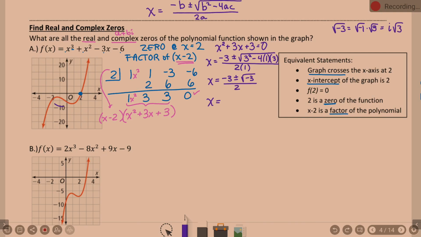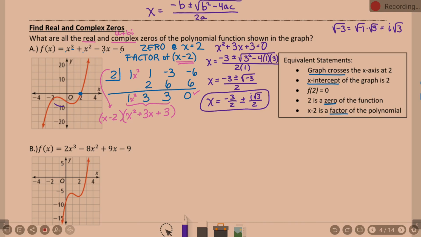So I'm going to go ahead and also break this up. I'm going to say negative 3 halves plus or minus i times the square root of 3 all over 2. And I went ahead and broke it up. They might require that in Savas. You might be able to leave it in this form and just change it. But here's the deal. Those are 2 zeros. Those are my complex zeros.